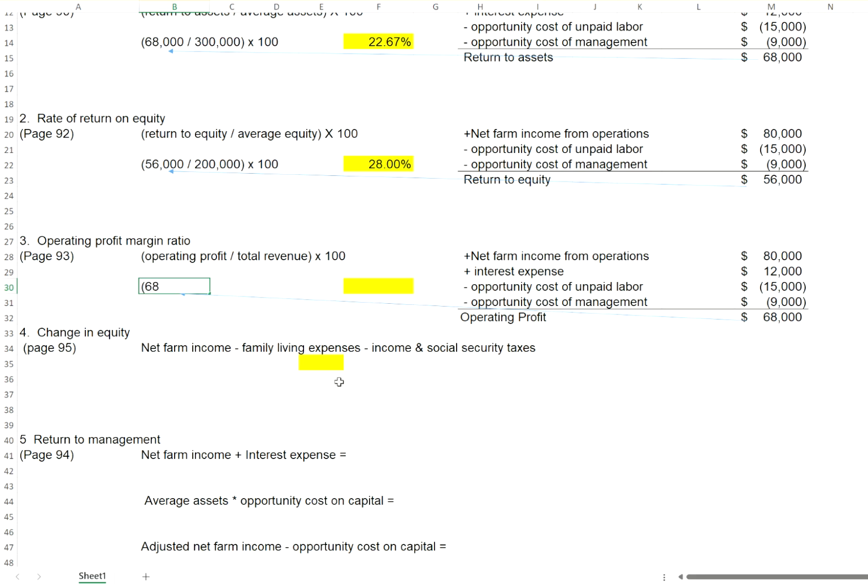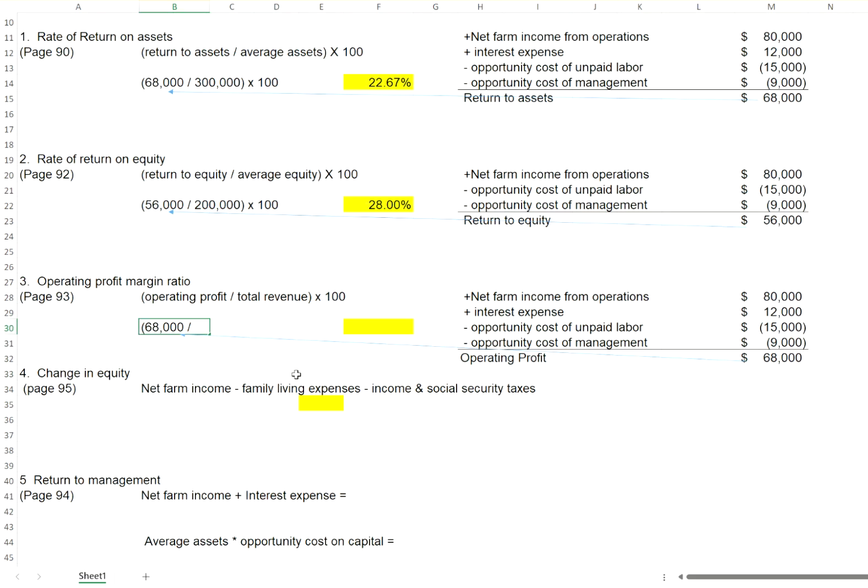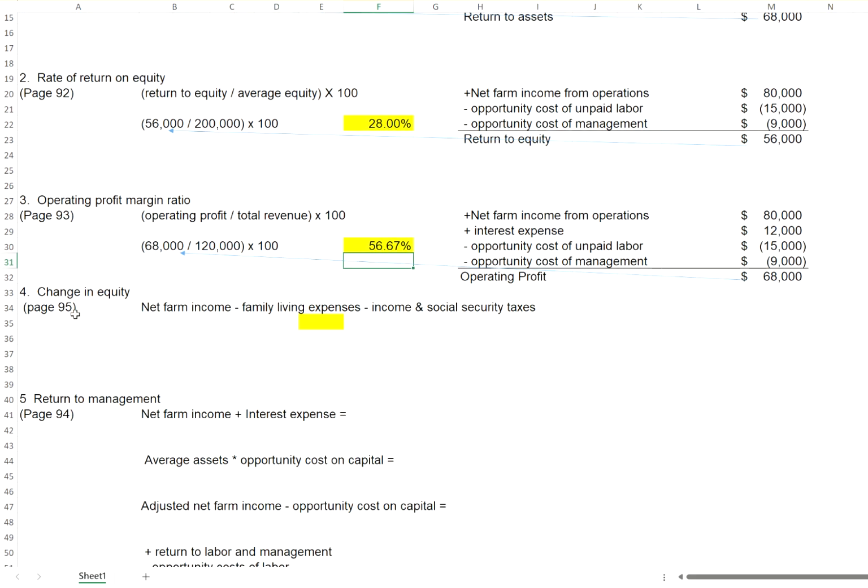I will take that $68,000 divided by total revenue, which is given up here at $120,000, and then multiply it by 100. I get 56.67%.